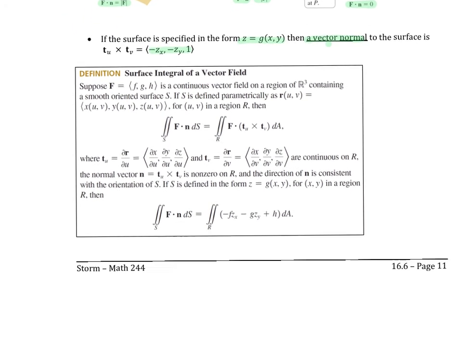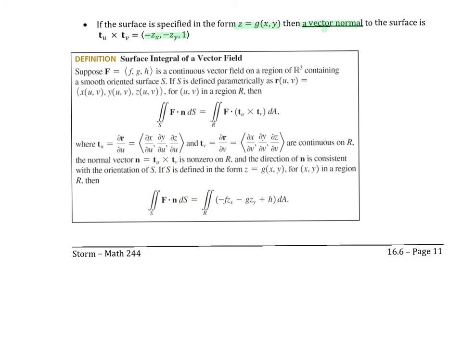Okay, so now let's look at our surface integral with respect to a vector field. This is the flux integral. It doesn't say that in your textbook, but a surface integral of a vector field is the flux integral.